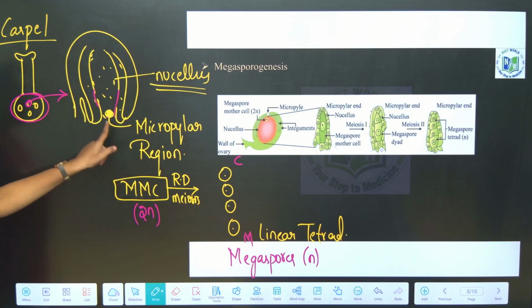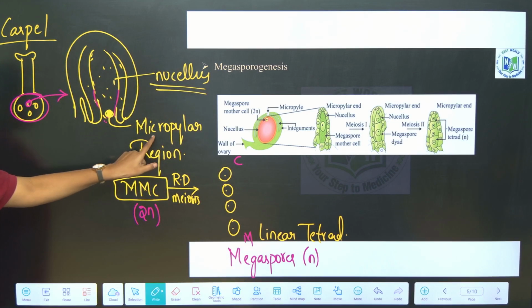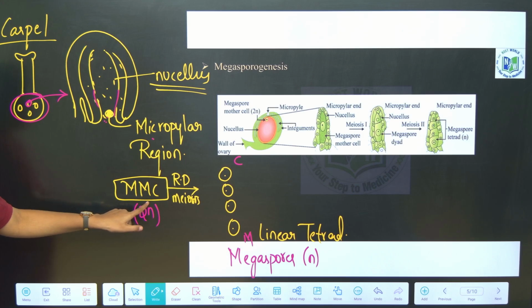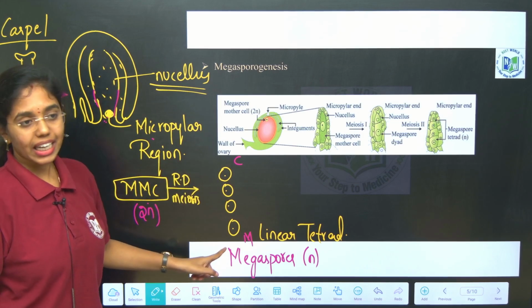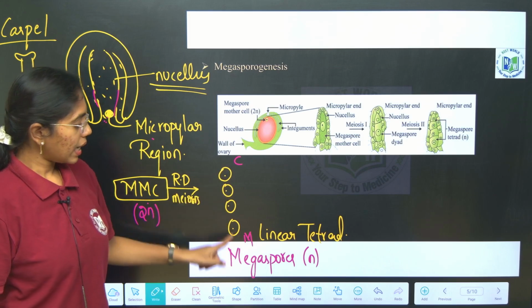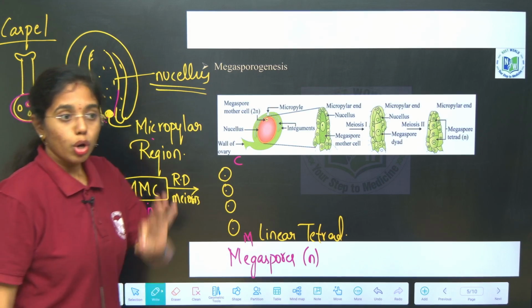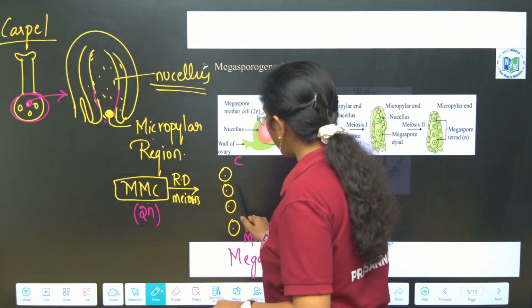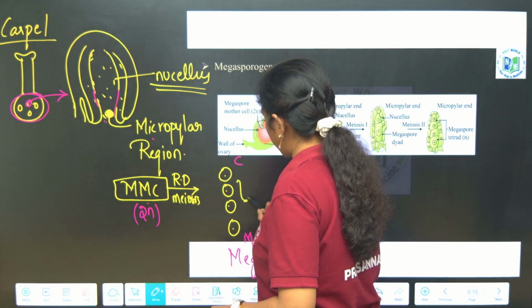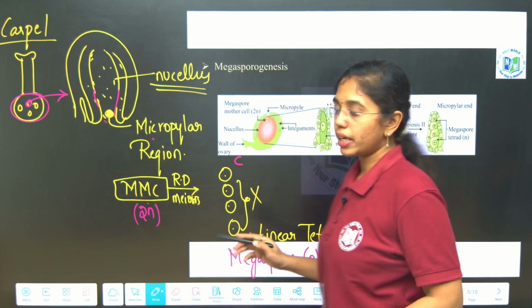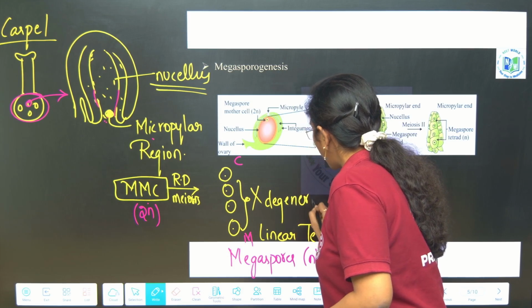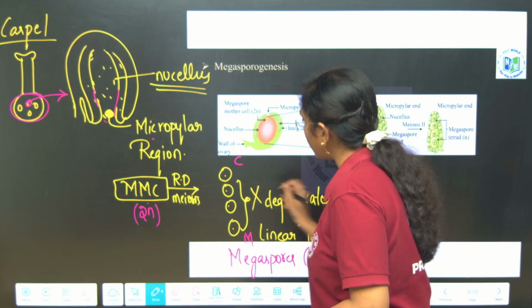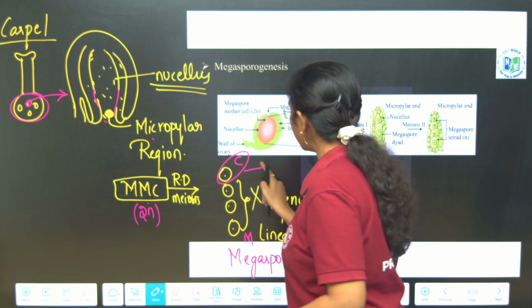The nucellus at the micropylar region is differentiated into the megaspore mother cell. After the formation of the linear tetrad, the 3 cells towards the micropylar end will degenerate, and 1 cell towards the chalazal end is functional.